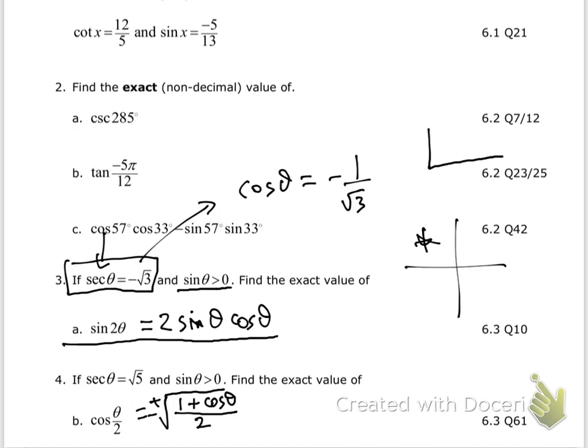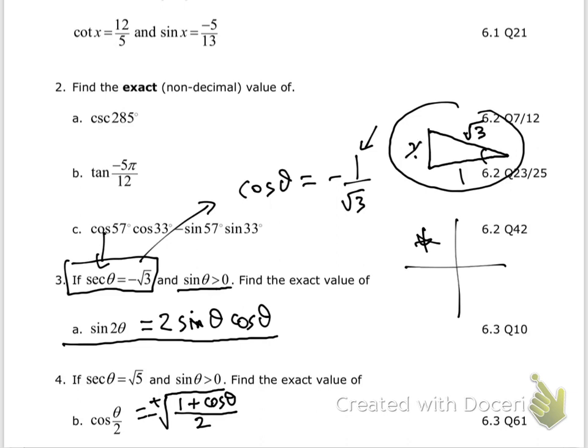So that means that if this is root 3, this must be 1, because remember, cosine theta is adjacent over hypotenuse. So I can find out what sine theta is, the opposite over hypotenuse. Root 3 must be the hypotenuse, 1 must be adjacent, so what's opposite?